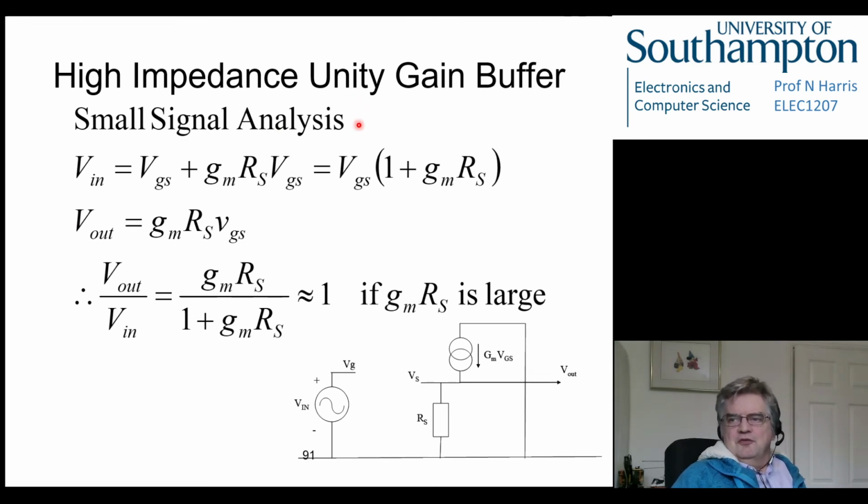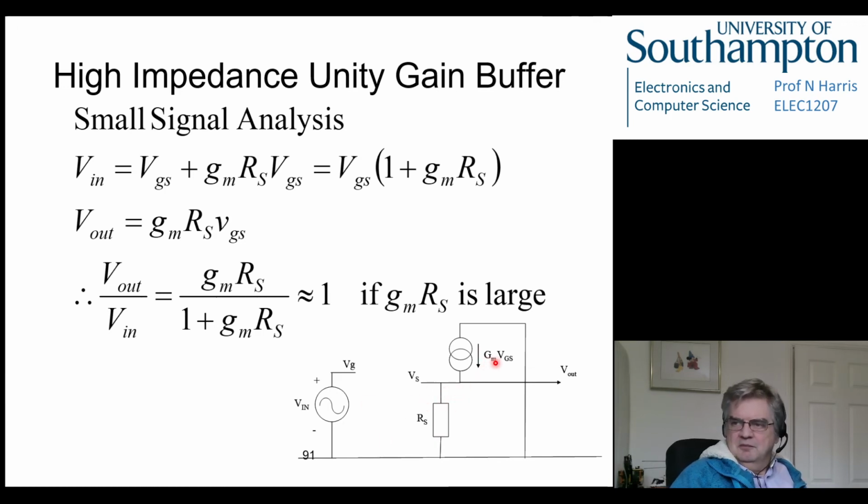So small signal analysis of the buffer circuit: we can say that V in is equal to VGS plus gm RS VGS, because we've got this current flowing through here, and we want the voltage around this loop.